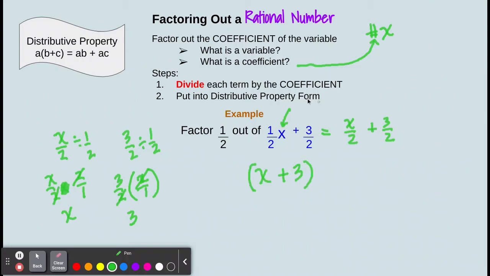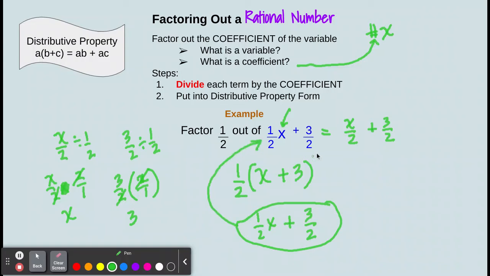Now remember, we need to put it into distributive property form. That means putting the GCF on the outside. If we were to multiply this out, we could check our answer. 1/2 times x and 1/2 times 3. And does this match our original? It does. So our answer here is correct.